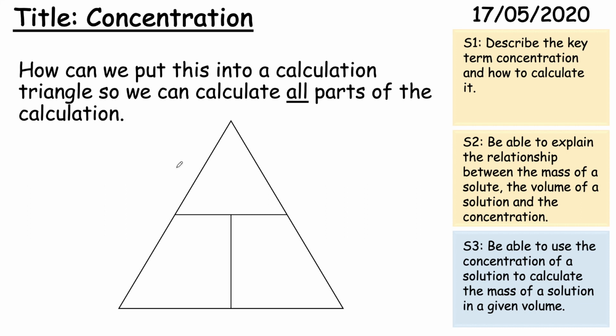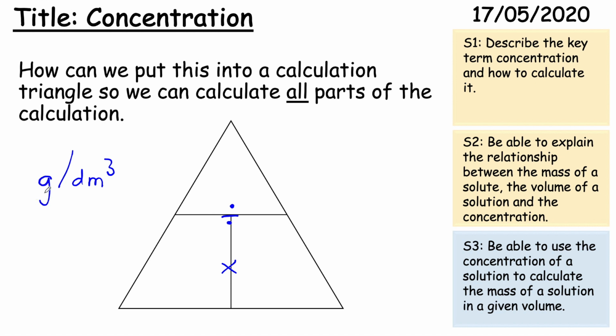Now if we look at calculating this, it's actually not that difficult. We know that the units are grams / decimeter cubed. And this line here actually means divide, which is what this horizontal line here also means. The vertical one means multiply. So we can take the units and put them into our calculation triangle.